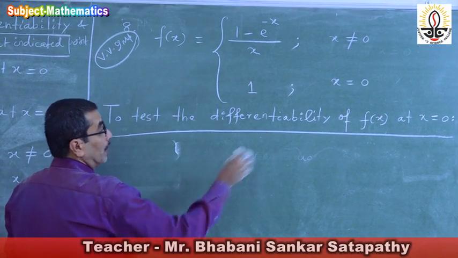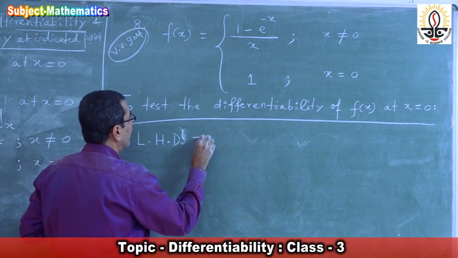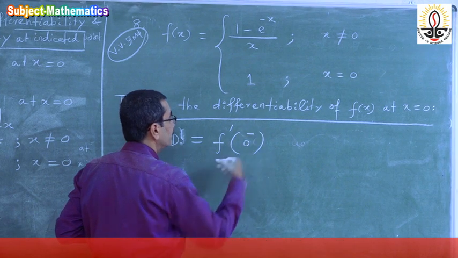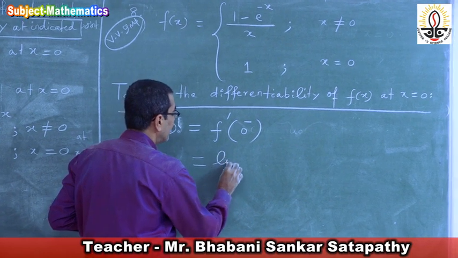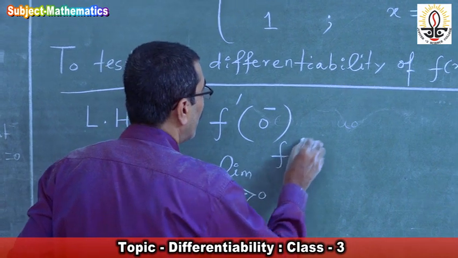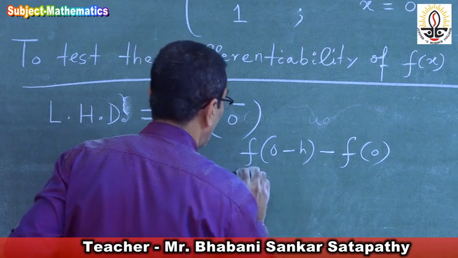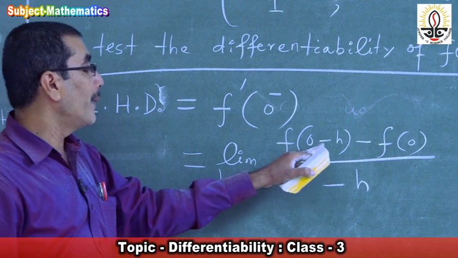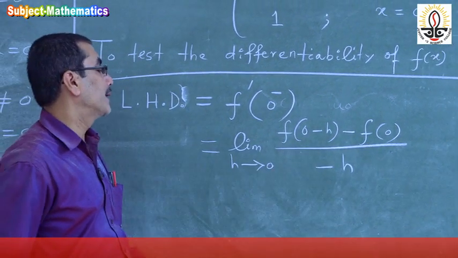How will we test? Left hand derivative is equal to f dash 0 minus. So f dash 0 minus is equal to limit h approaches to 0, f of 0 minus h minus f of 0 divided by minus h.